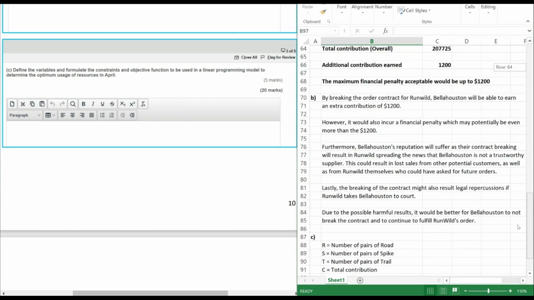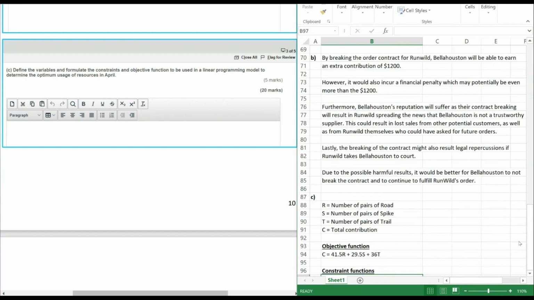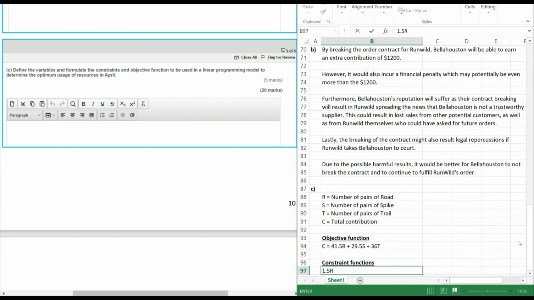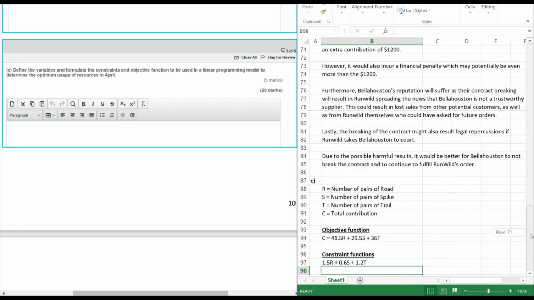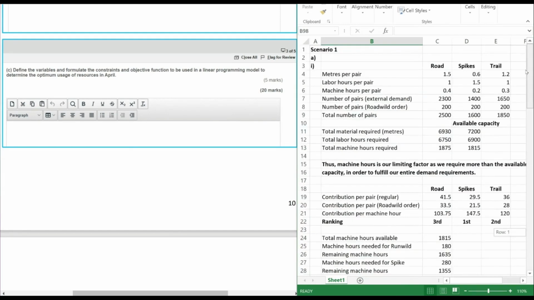So 1.5 R plus 0.6 S plus 1.2 T, right? And this will be less than or equal to the total amount of meters we have available.